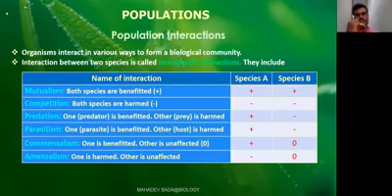There are some of the interactions that we are going to study in the chapter called organisms and population. One type of interaction that we are going to study is mutualism, where both the species are benefited, indicated with a plus. You can see species A, species B. In this mutualism, both the species are getting benefited, therefore they are indicated with the plus sign.